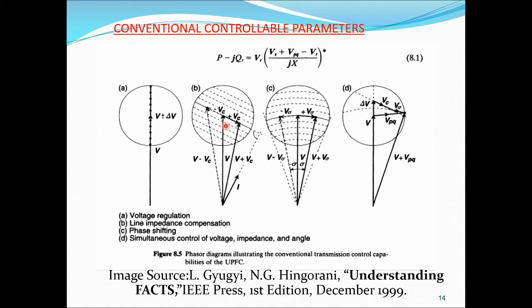Initially this is V. To this V, I add the compensating voltage, plus Vc or minus Vc, but this plus or minus Vc is perpendicular to the current direction. The resultant voltage is V minus Vc on this side or V plus Vc on this side. So line impedance compensation can occur with the help of this compensating voltage Vc.